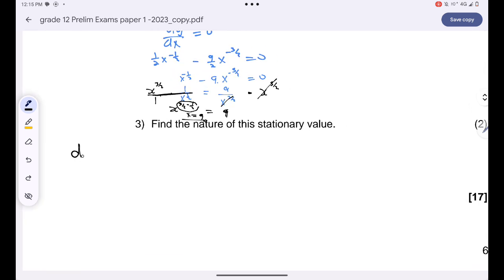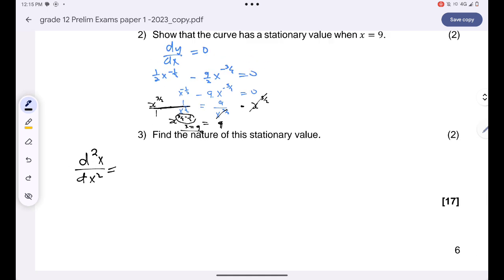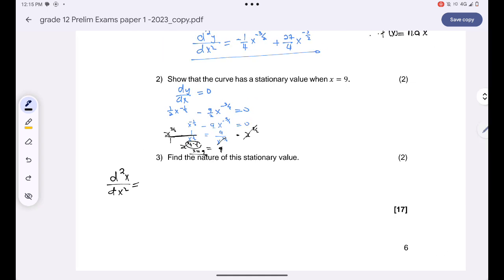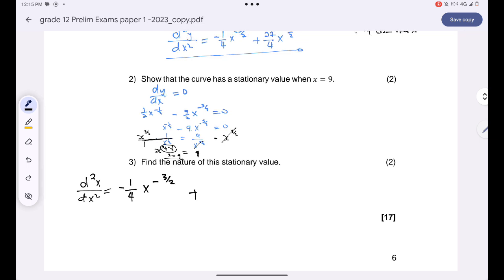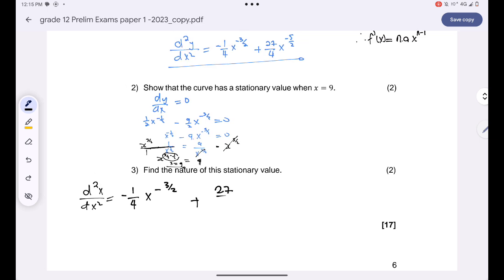Our second derivative is equal to negative 1 over 4 x to the power of negative 3 over 2 plus 27 over 4 times x to the power of negative 5 over 2.